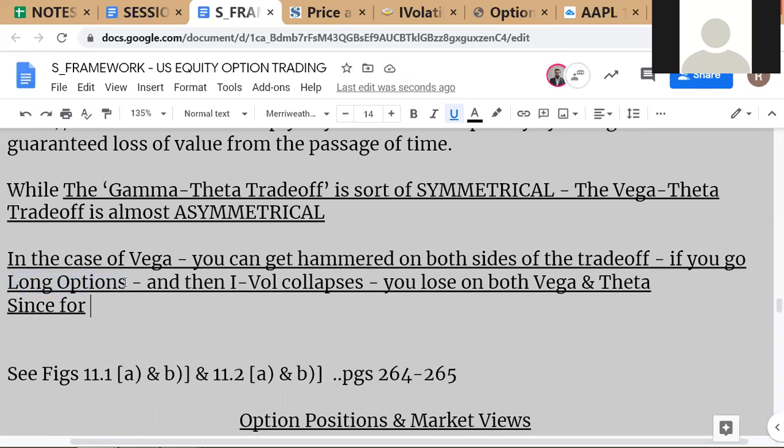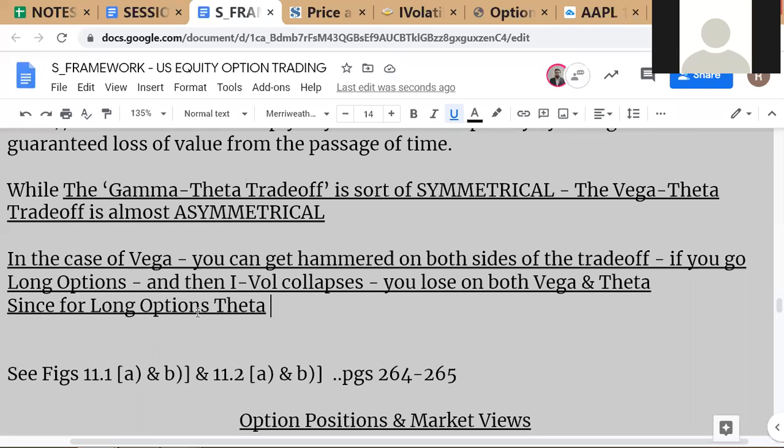Since for long options, theta is always negative, that's all I'm trying to explain to you here. It's a little bit asymmetrical, in the sense that if you have long options, you have positive vega, but if the vega falls, then your option position will still lose value.